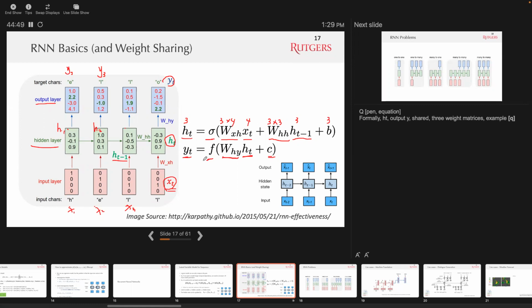Yeah, exactly. This is written as a general case, and in practice, you can use this to do autoregressive generation. We're actually going to talk about this a few slides later.